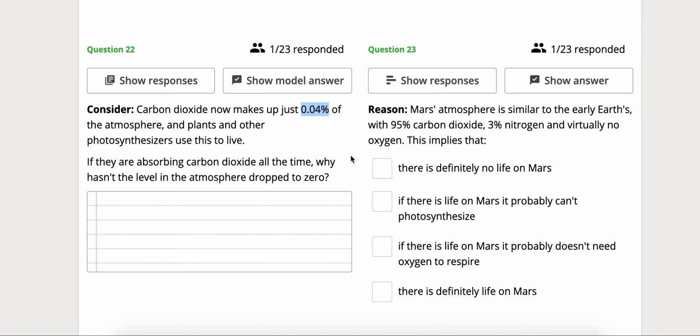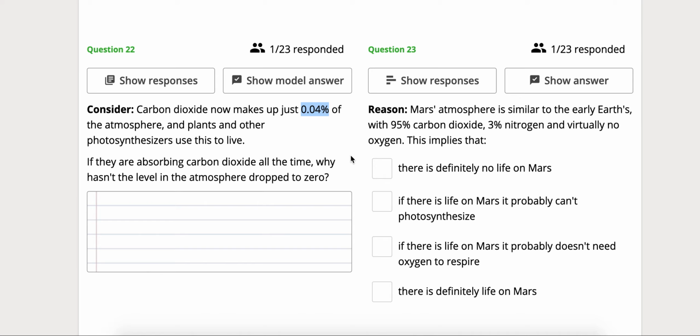What this should now prompt you to consider is that the decrease in the carbon dioxide level is due to the photosynthesis of these plants. However, this actually needs to be balanced by other processes that add carbon dioxide to the atmosphere.